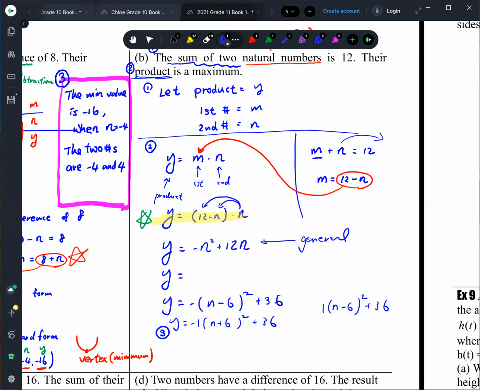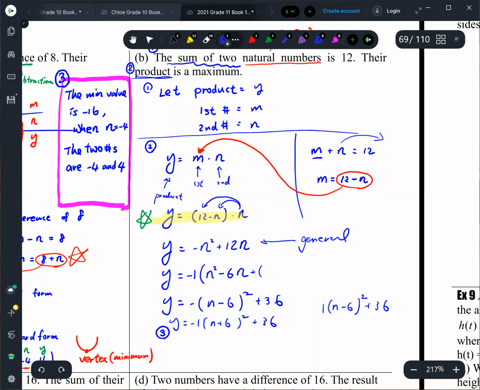Our A is negative, so we need to factor the -1 out. When you factor the -1 out, whatever inside you need to divide by negative, right? So 12 divided by -1 will give you -6. Okay, and then plus divide by 2, so -3, right?